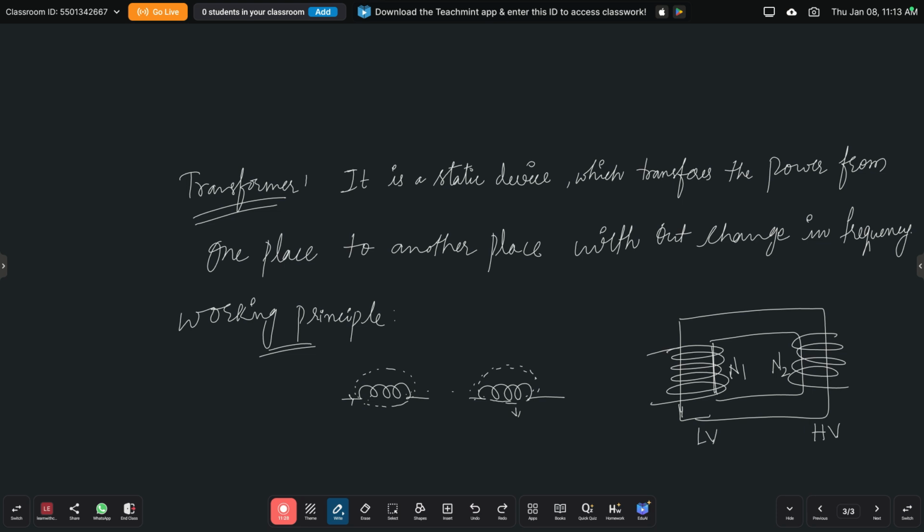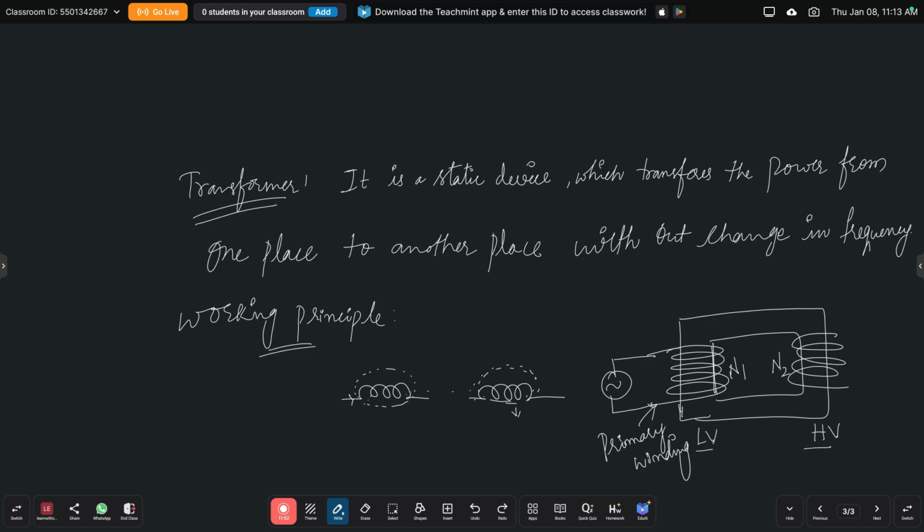So here we have two types of winding, that is LV winding and HV winding. Whenever we give the AC supply to one of the windings, whether it is the LV winding or HV winding, we call it the primary winding.